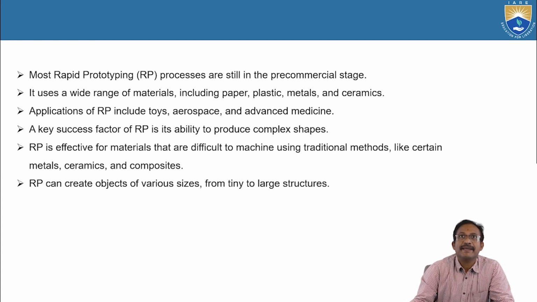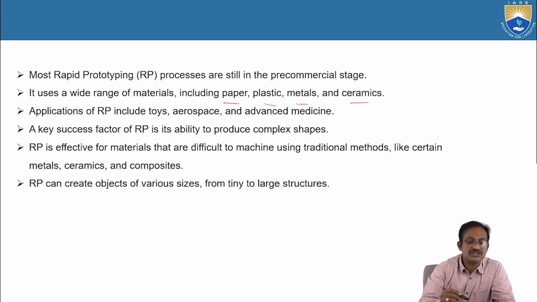Most rapid prototyping processes are still in the pre-commercial stage. It uses a wide range of materials including paper, plastic, metals, and ceramics. Applications of RP include toys, aerospace, and advanced medicine. A key success factor of rapid prototyping is its ability to produce complex shapes.